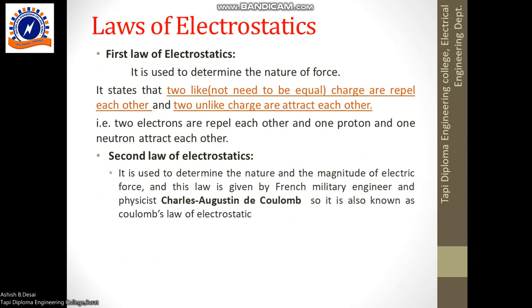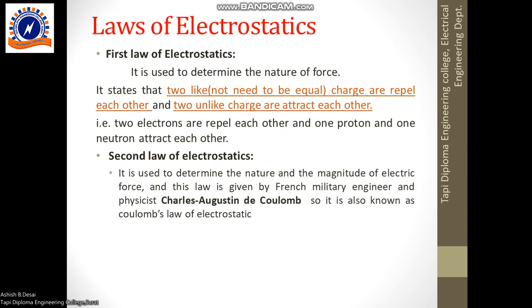One electron and one proton are considered unlike charges because the proton has a positive charge and the electron has a negative charge. So the first law of electrostatics is used to determine the nature of force, whether it is repelling or attracting.